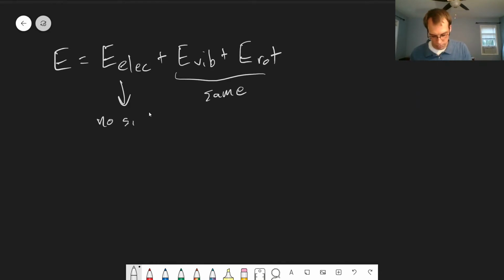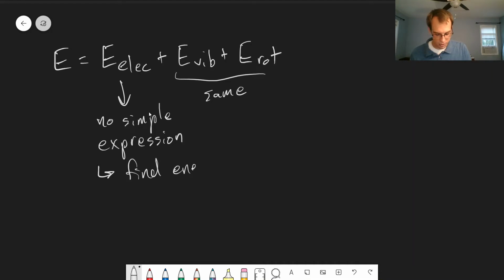Basically, we have to solve the Schrödinger equation using computational chemistry to find the energy levels associated with all the different electronic states. And so computational chemistry is an important part of electronic spectroscopy to interpret what's observed for particular molecules.